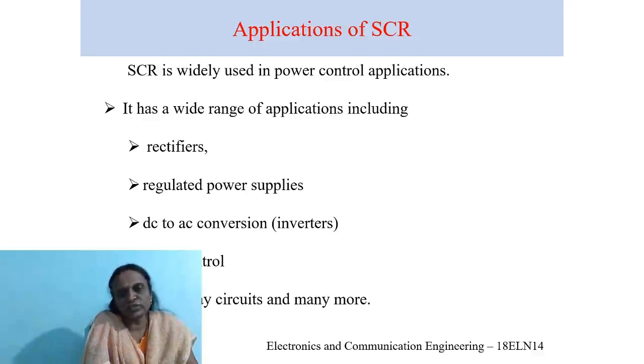The process of turning off an SCR is called commutation, and it can't be turned off naturally by the gate. So we go in for natural commutation and forced commutation. When the SCR is in the on state, you have these two types of commutation.